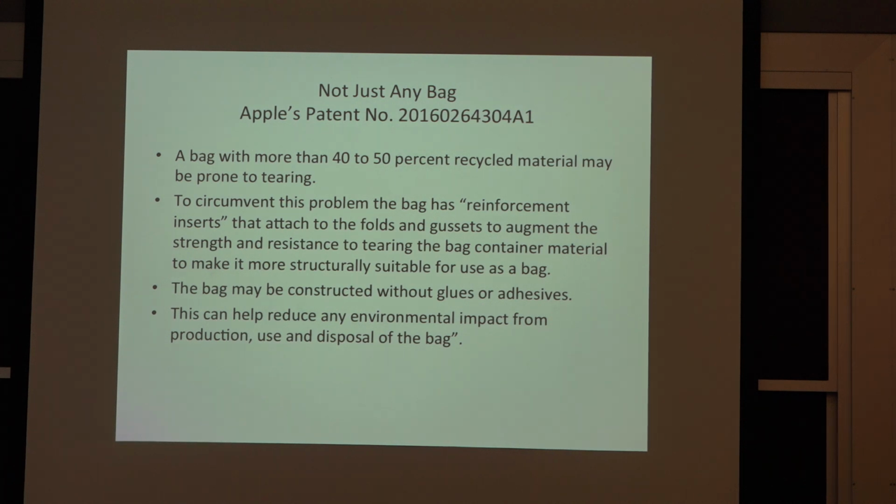The bag may be constructed without glues or adhesives. This can help reduce the environmental impact of the bag. I think that one is designed with adhesives. I imagine the adhesives they're using have proprietary characteristics.